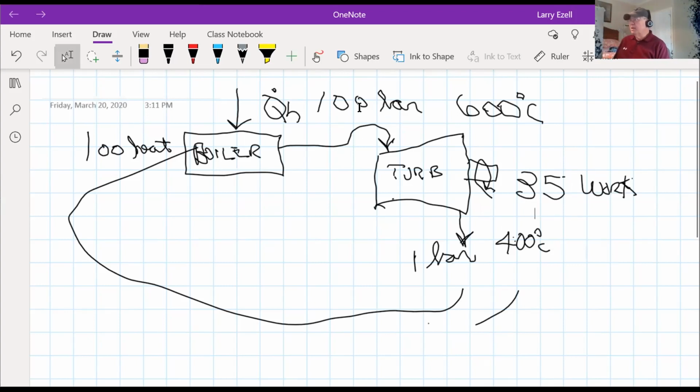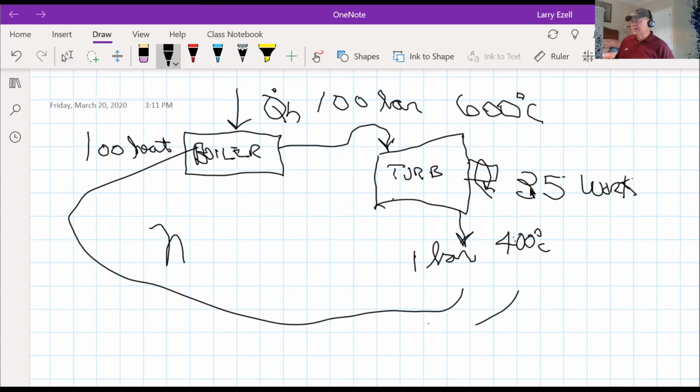And it's probably very true that if you can pay for 100 units of heat and get out 35 units of work, you're doing very, very well. You're probably making electricity at some number like 4 cents a kilowatt. But the thermal efficiency you're getting, let's see if I can write that now.